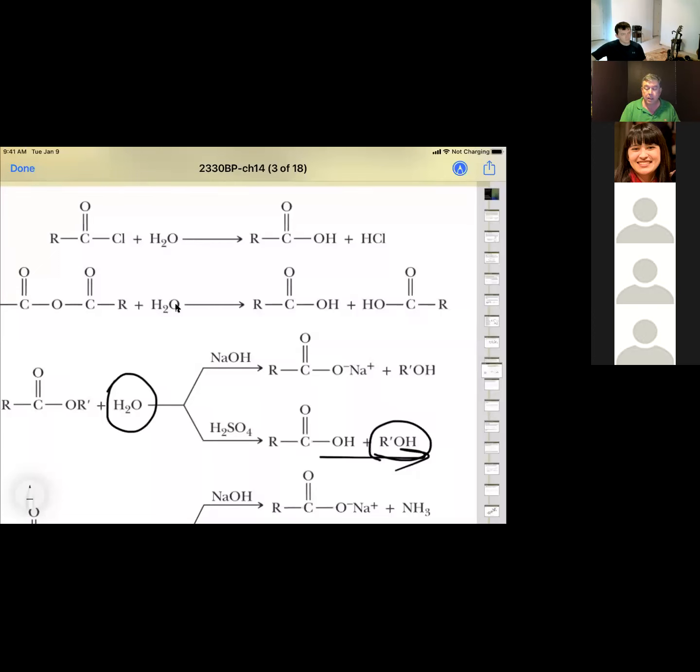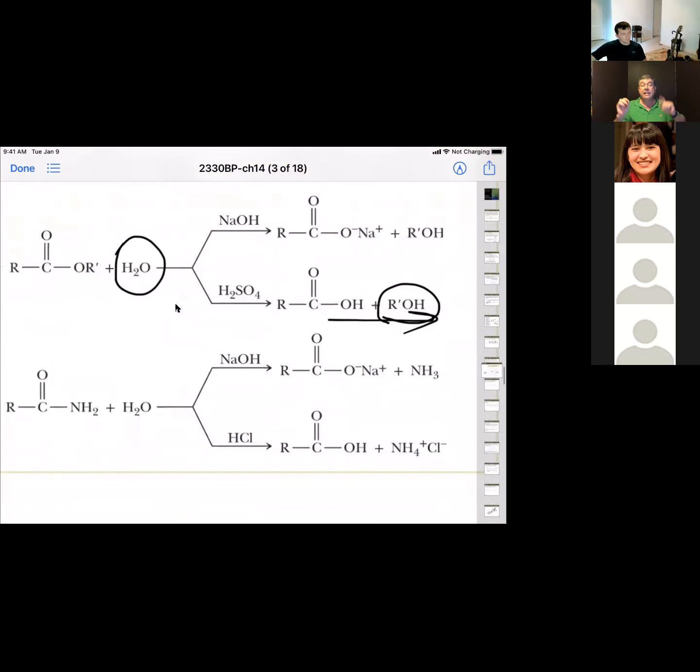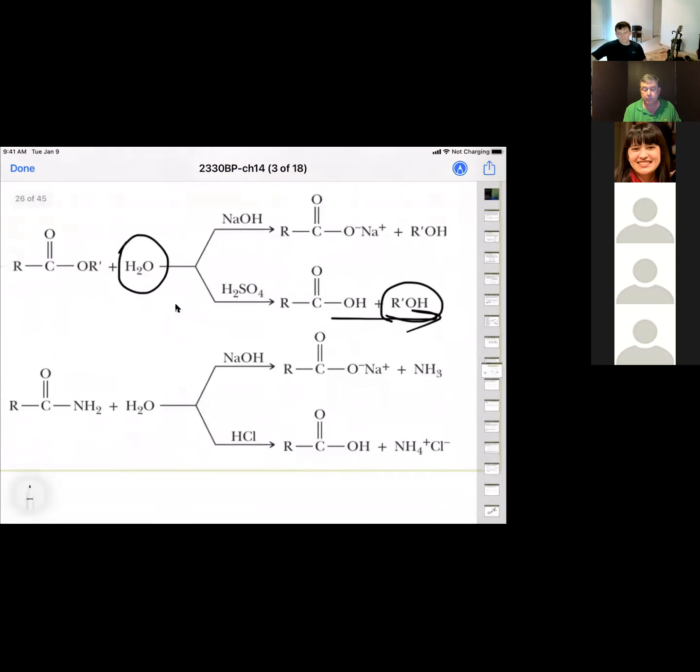When we hydrolyze the amides, neither of these reactions are in equilibrium, because once we drive the base mediated hydrolysis, we end up with the carboxylate salt, which is no longer attacked by nucleophiles.